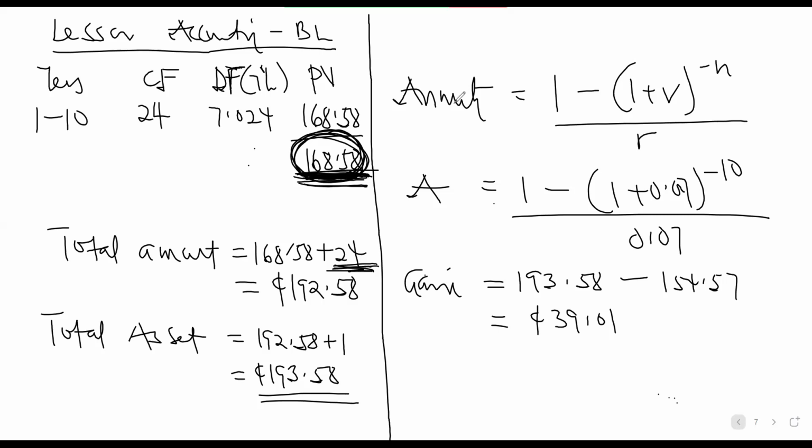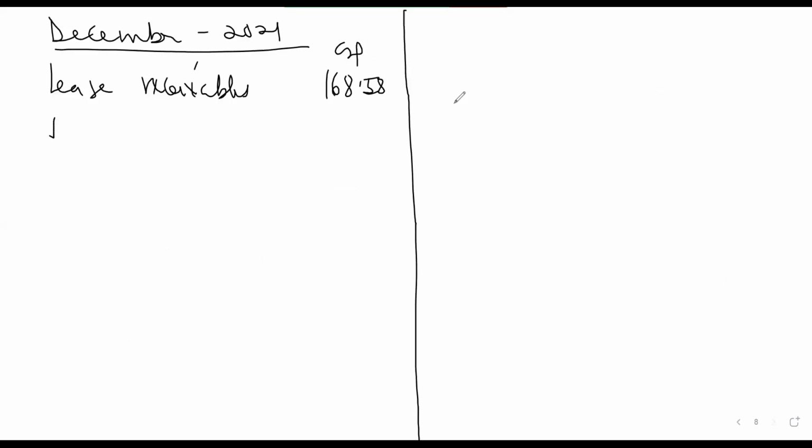Okay. So we now come to the finance income. These people do have a finance income. The finance income will be 7%, which is every year, 7% on 168.58. What are we having?